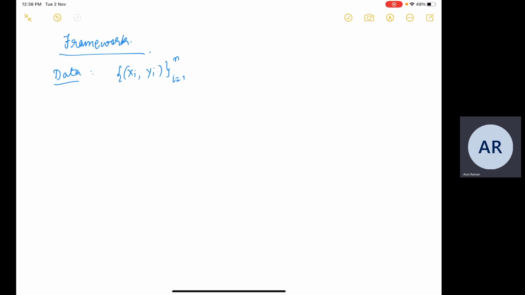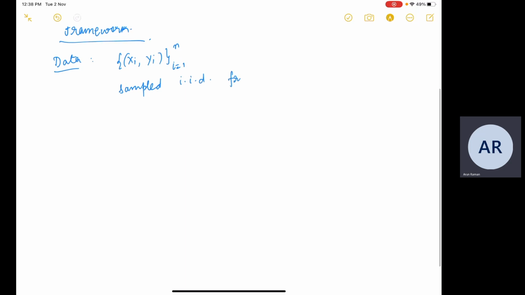So these data points are sampled in an IID fashion from an unknown probability distribution on script X times plus minus 1.